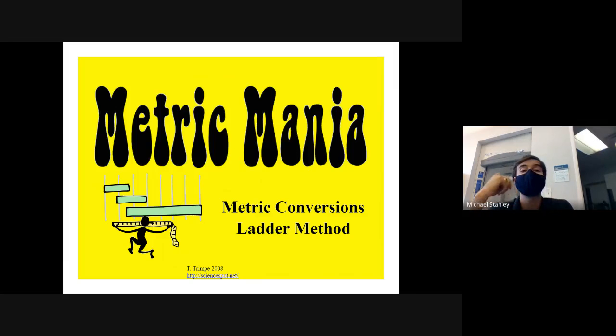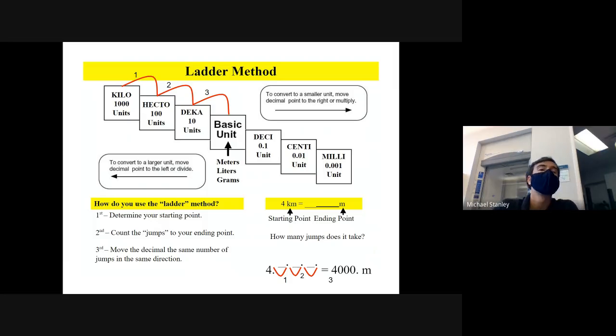And a way to introduce it that I've found people work really well with is something called the ladder method. It's a basic series of 3 steps that you can use to figure out, if I have this many liters, then how many milliliters do I have? So the way that the ladder method works looks something like this.